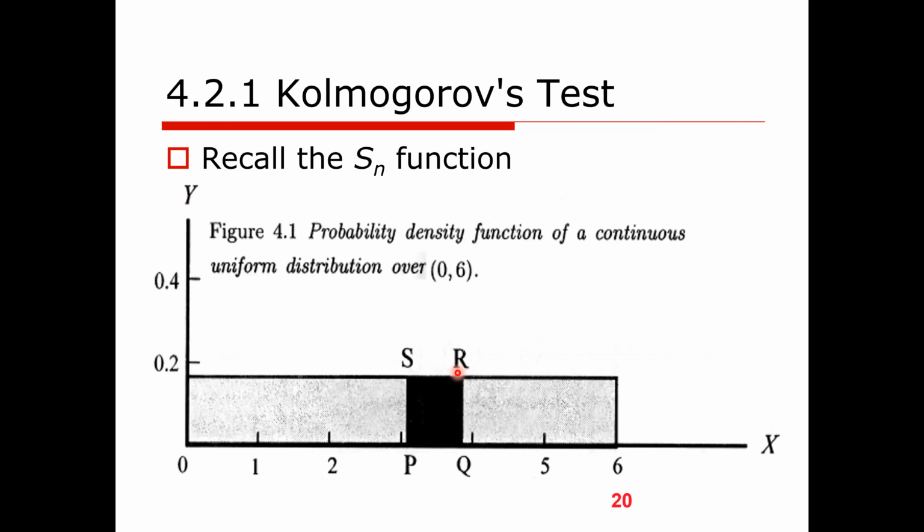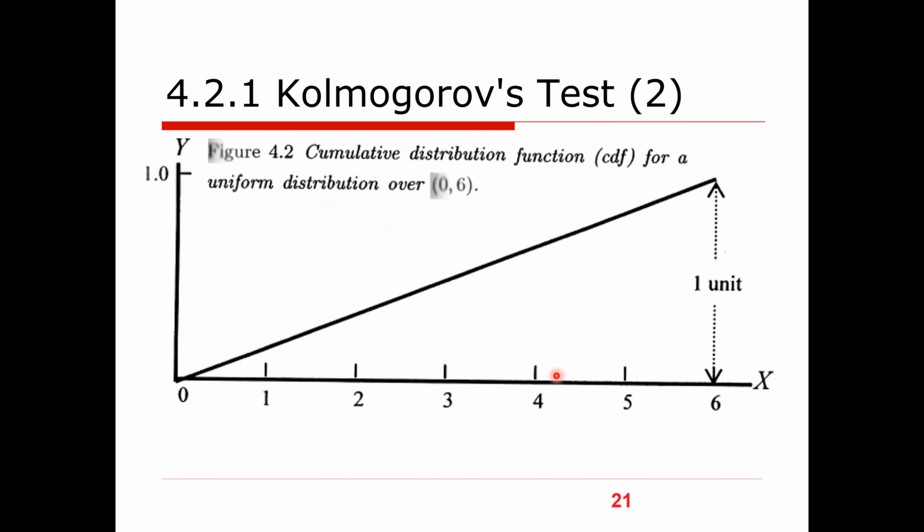So first, let's recall the Sn function, the sample distribution function, or the step distribution function, denoted as Sn. For any distribution, Sn looks like a cumulative distribution function, CDF, but it is empirical. This one is the probability density function, PDF, of a continuous uniform distribution. I mean, this one is not a CDF, right? This one is.